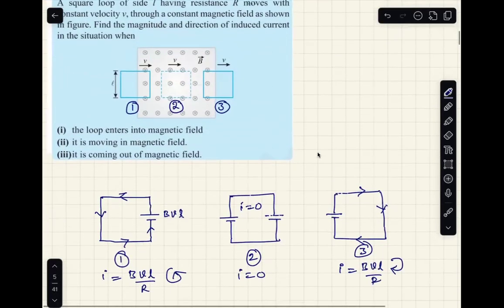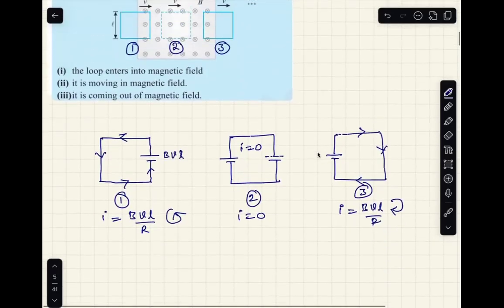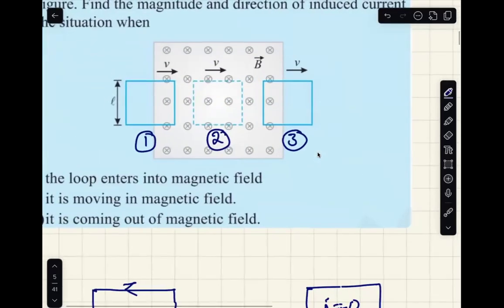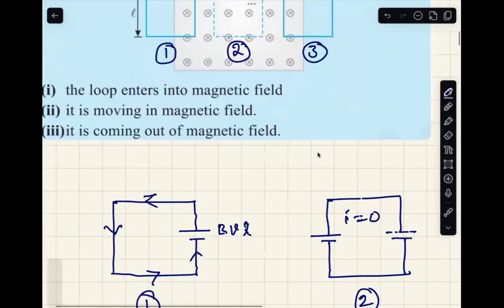Not only that, I think it is good that I find flux also. Now, for example, it has entered by a distance x here.